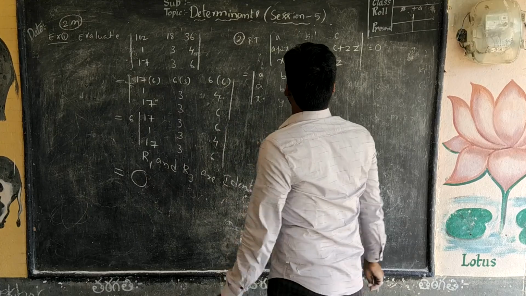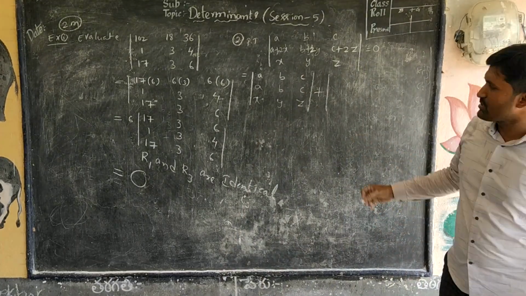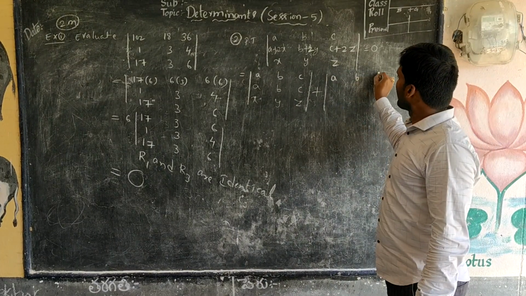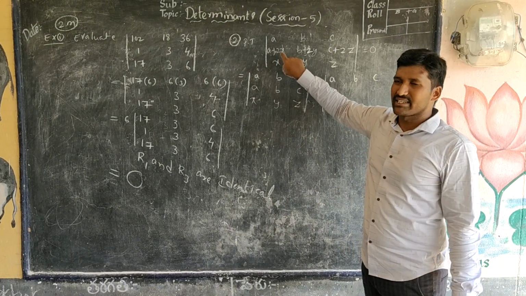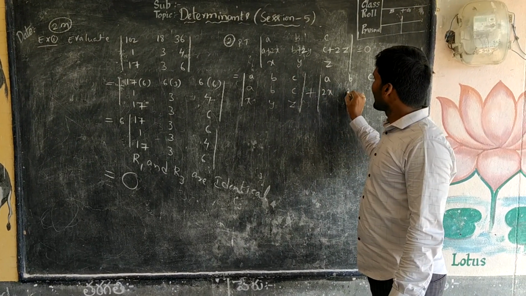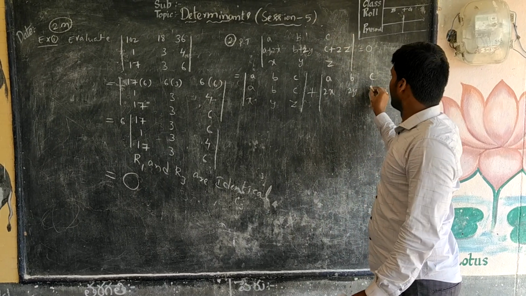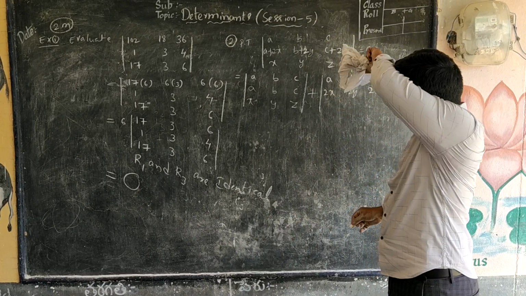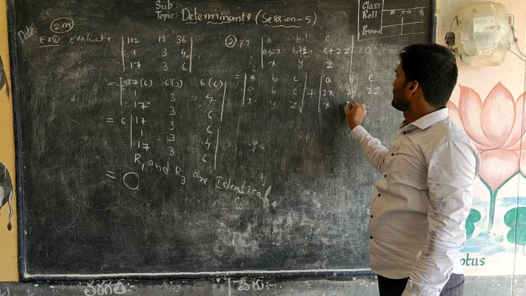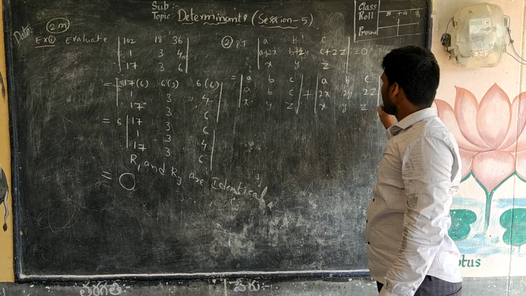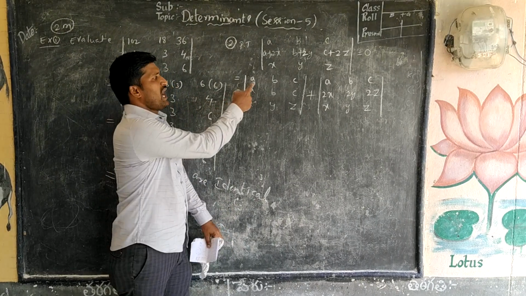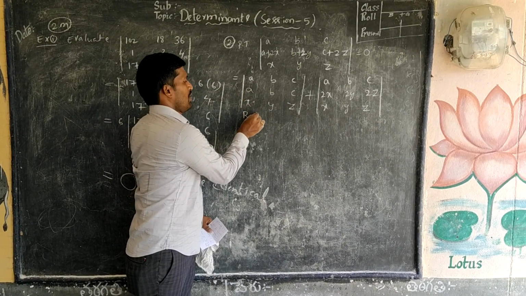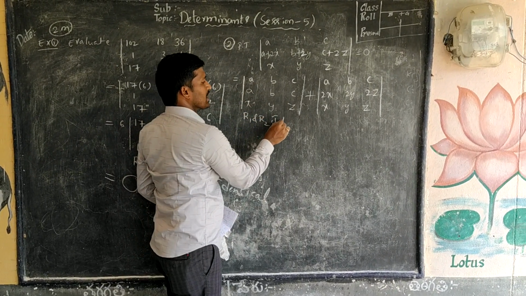Plus, coming to the second determinant, the first row elements remain the same. Now in the second row, take the second terms: 2x, 2y, 2z. And the third row elements remain the same: x, y, z. Now in this, which rows are identical here? R1 and R2 are identical.